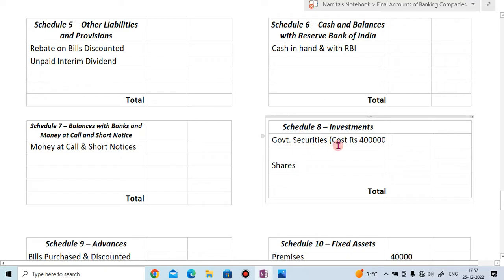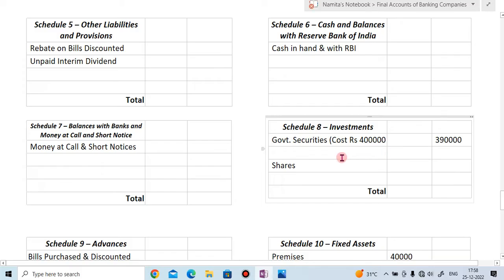So the government security cost in the trial balance is 4 lakh rupees, but the market value is 3,90,000. So you will write 3,90,000 in the outer column. Now 4 lakh and 3,90,000, there is a difference of 10,000. That is a loss on that investment.